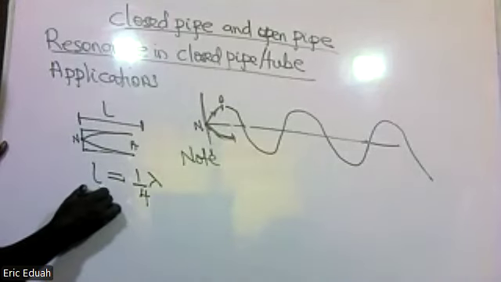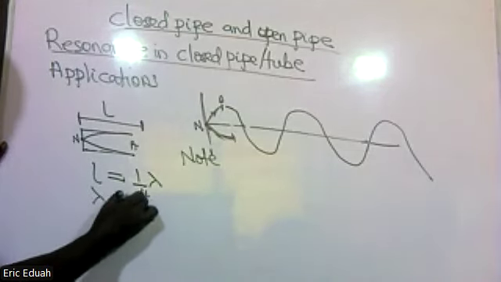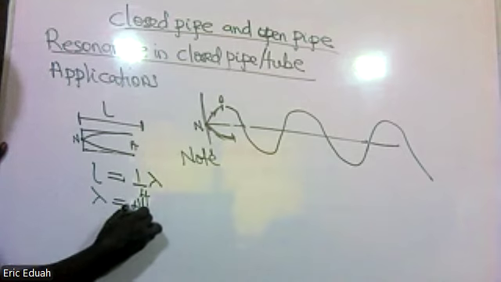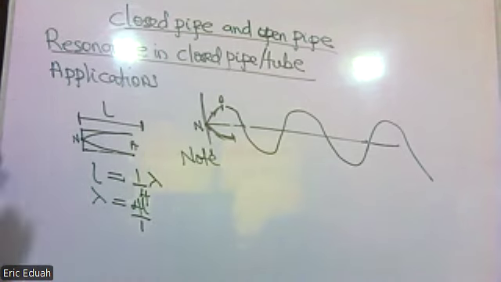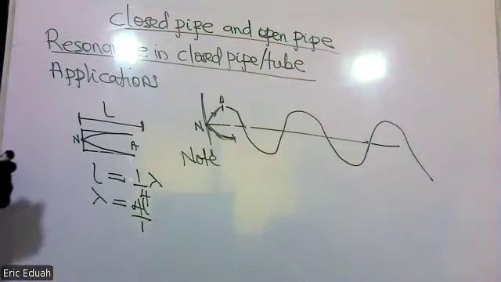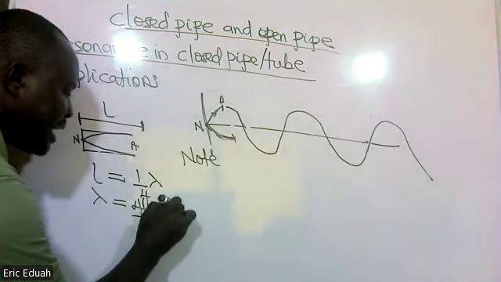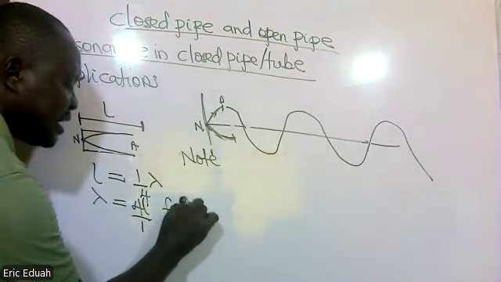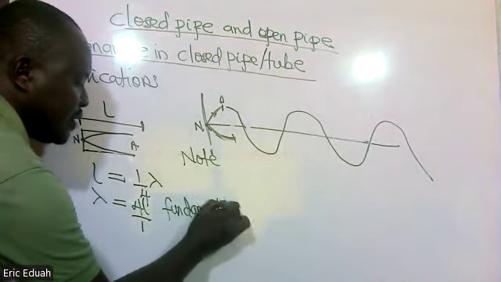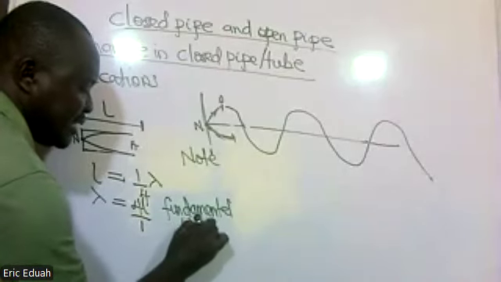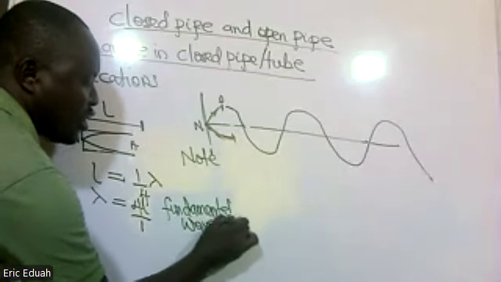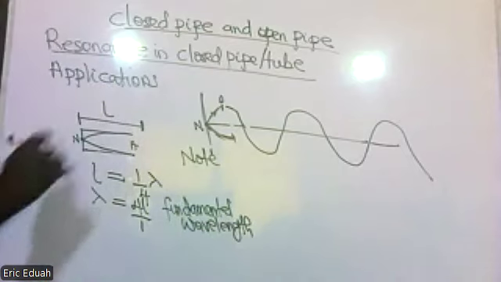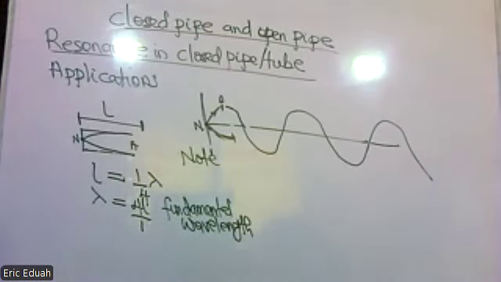Therefore, lambda will be equal to 4L over 1. So this becomes the fundamental wavelength. Of course, the stationary wave also becomes the fundamental note.